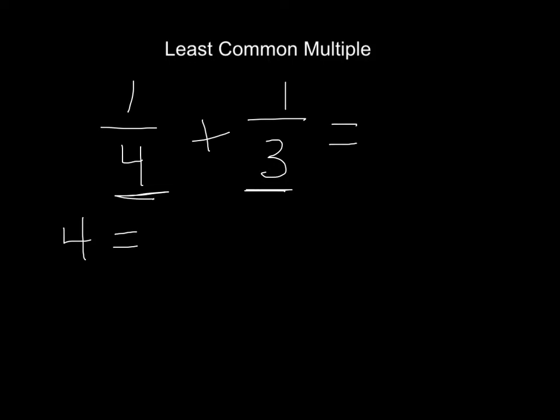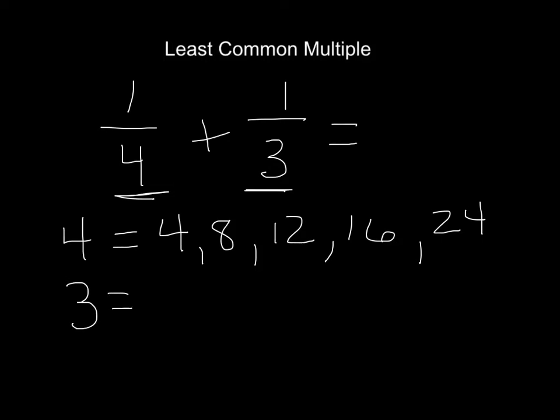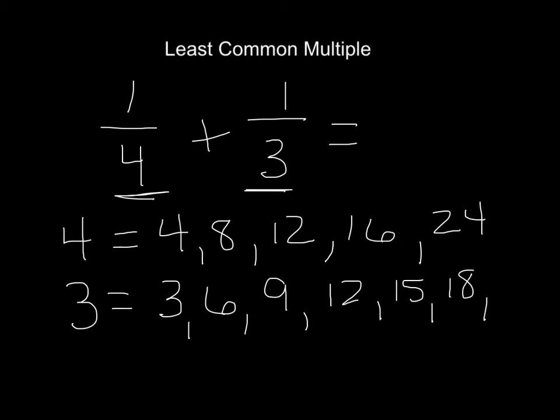We know that 4 is a multiple of 4, 8 is a multiple of 4, 12, 16, 24. That's probably as far as I need to go for now. And let's do 3. I can skip count 3, and I know that 3, 6, 9, 12, 15, 18, 24. I know that these are my multiples of 3.